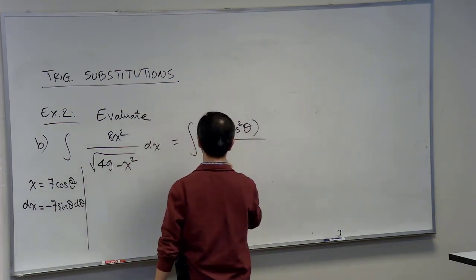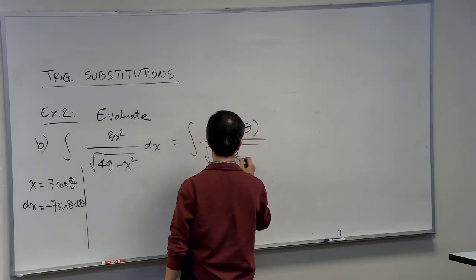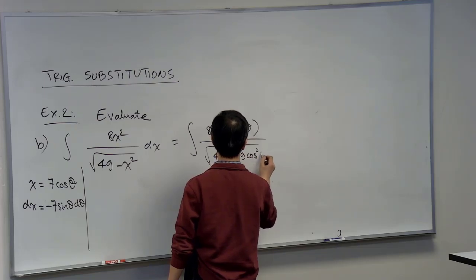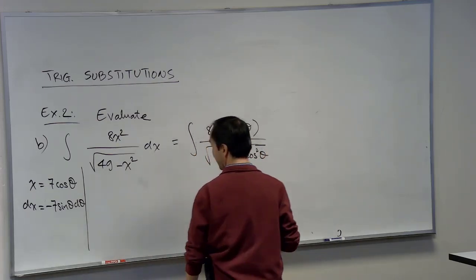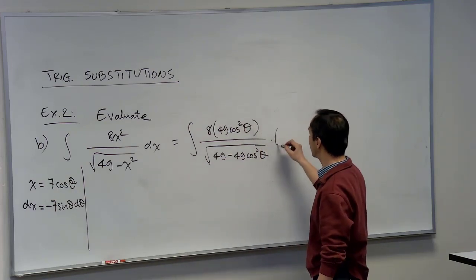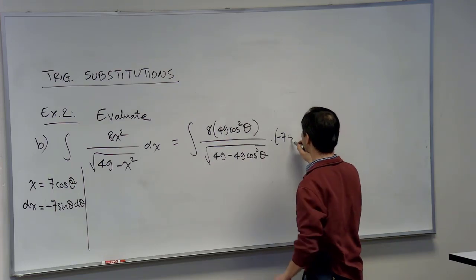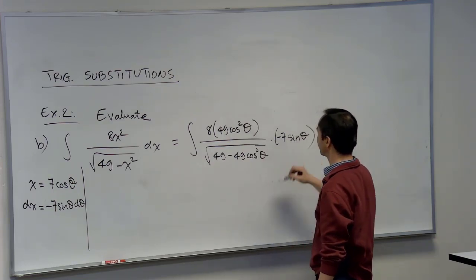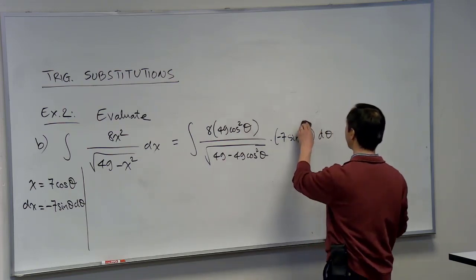And then we're looking at the square root, now it's 49 minus another 49 cosine squared theta in the denominator. And then the dx would be substituted by negative 7 sine theta d theta. Are we good with that there?